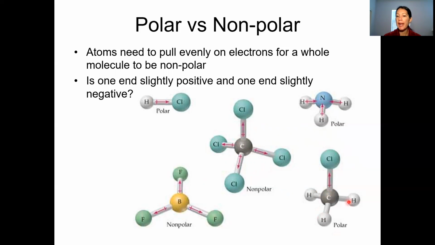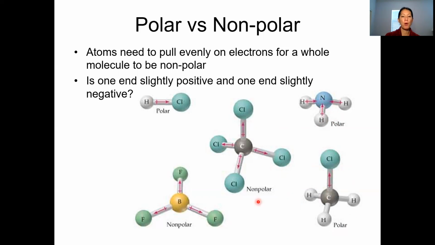If I have 3 H's and 1 chlorine in a tetrahedron, that chlorine is going to pull, in this case, up, but there is no bond dipole for carbons and H's because the difference in electronegativity is negligible. So there is overall polarity. So even if one atom is pulling stronger than the other, it can make it polar.